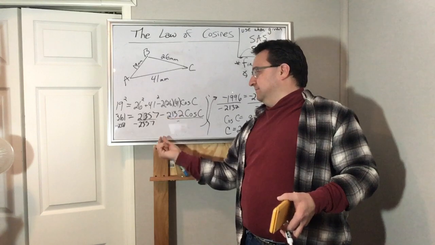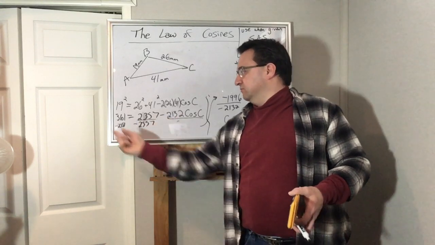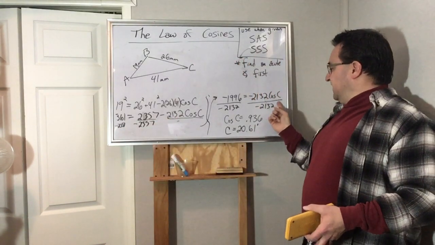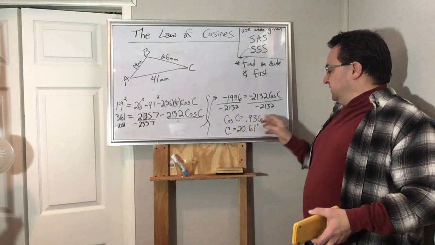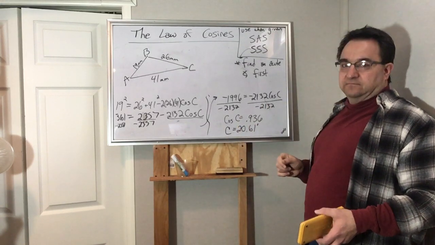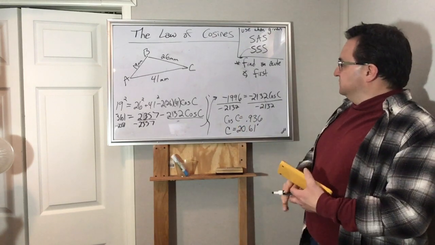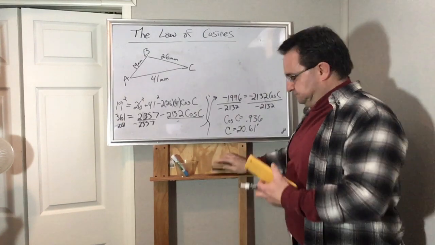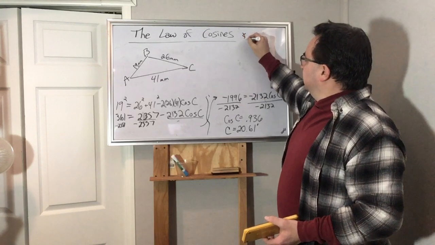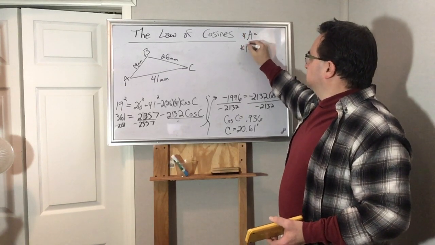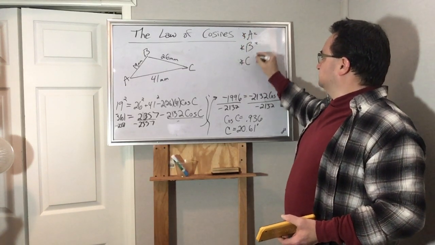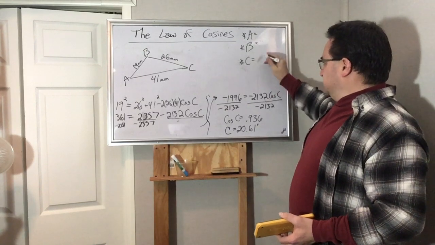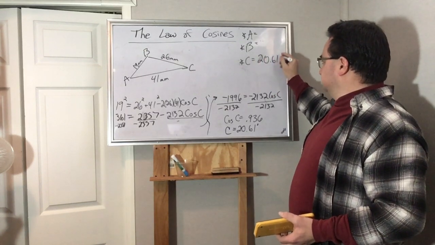I do not combine these terms. I shove the number with the number, and then I divide to isolate the variable, and then I inverse cosine it. And that gives me my first answer. So remember, we're solving the triangle here. So I'm done when I get all three angles. So I just got my first one.